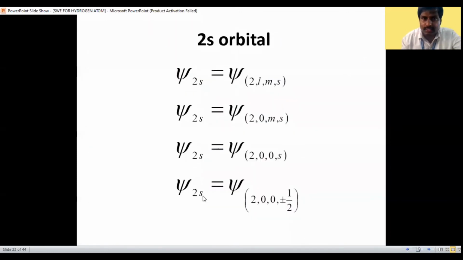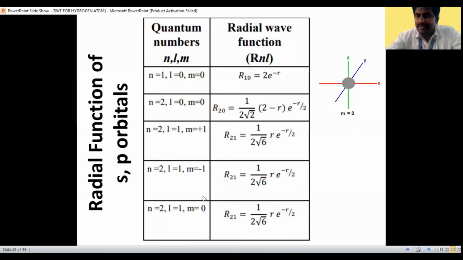And if you come to the radial function of the s orbitals, you see that n is equal to 1, n is equal to 2, and L is 0 in both cases. Here, the terms 2 into e power minus r and e power minus r by 2 are the only things deciding our radial wave function.